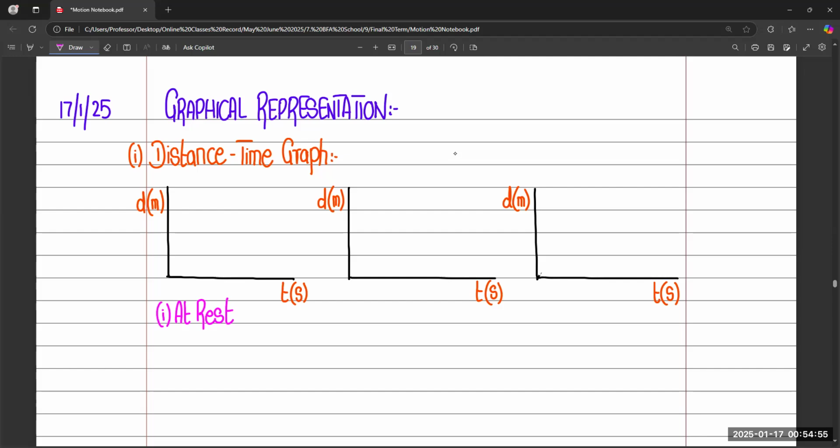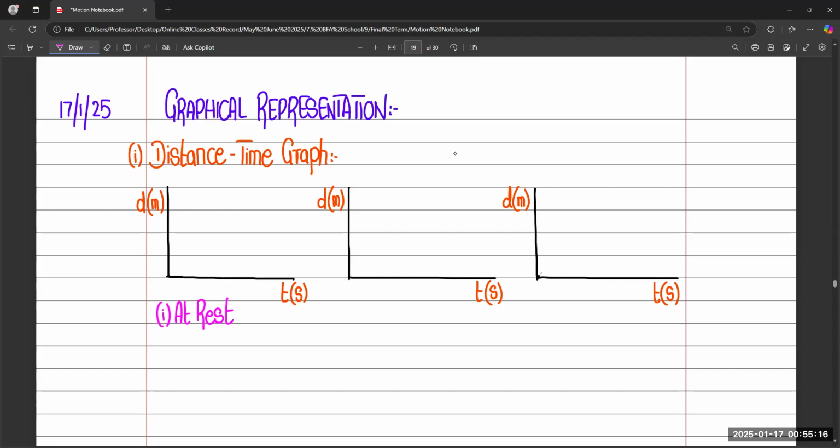In the rest state, you know that the distance is constant, distance is not changing, distance is fixed because the body is not moving.